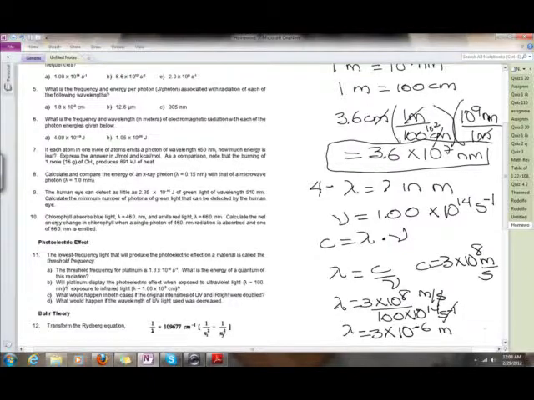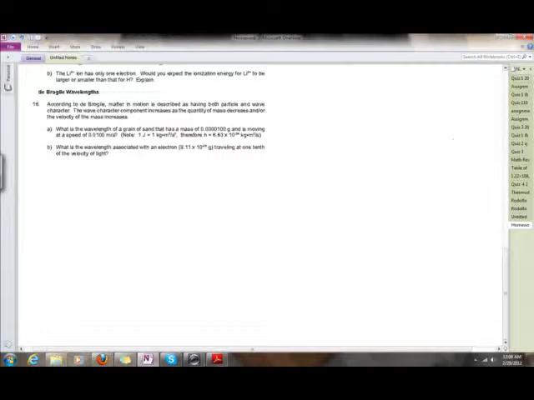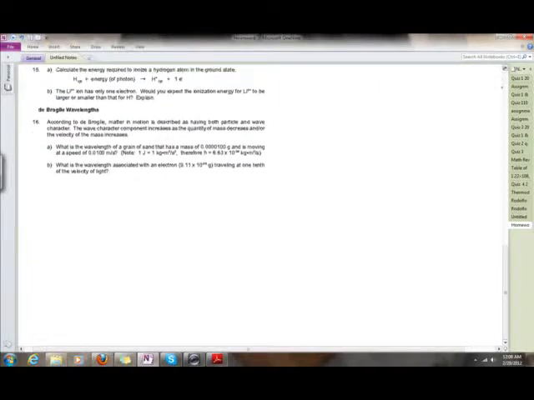You can also convert it to nanometer by multiplying by 10 to the 9th.